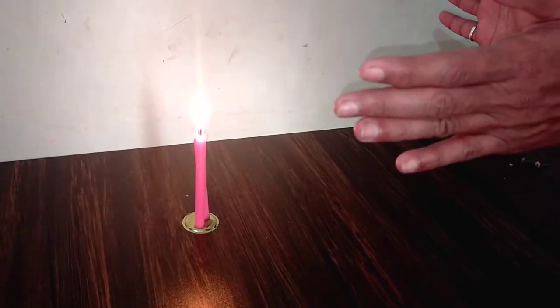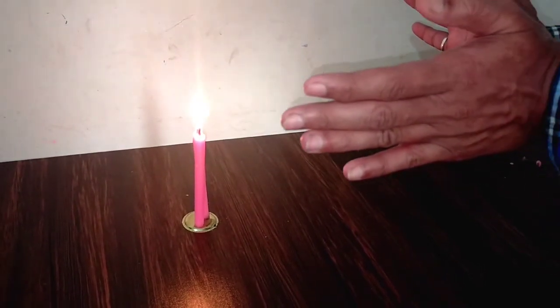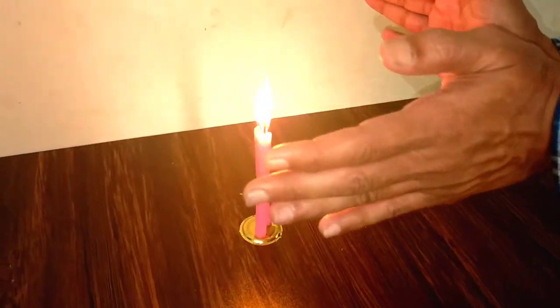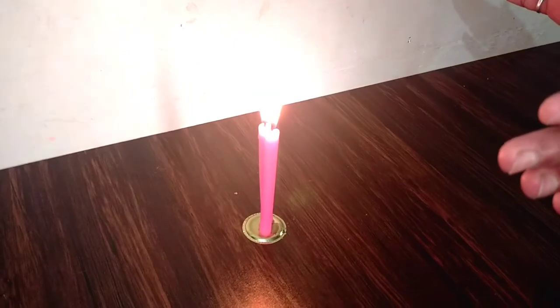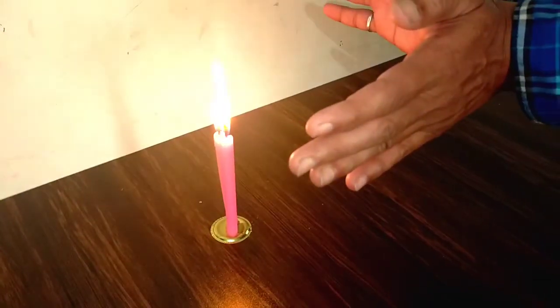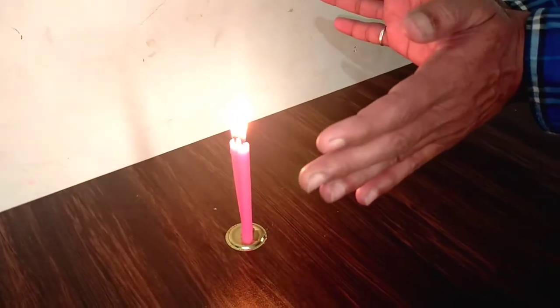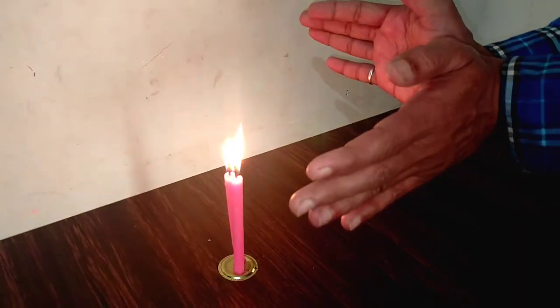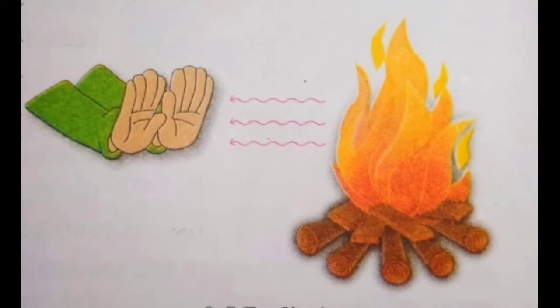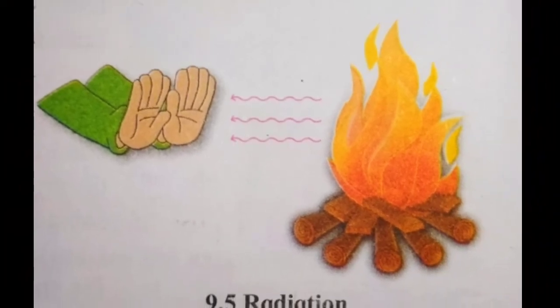Take your hands near the candle and apart from the candle. How do you feel? We feel warm. How is this possible? It is transferred towards our hands by means of radiation.